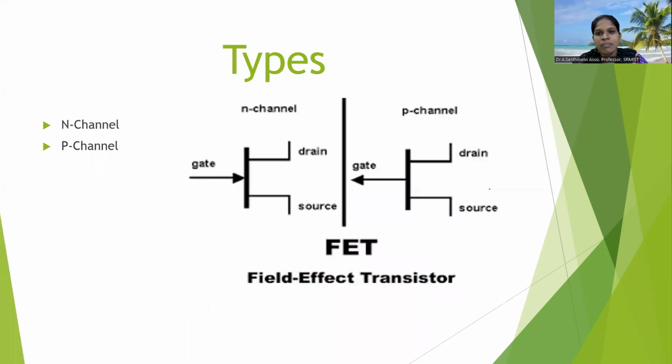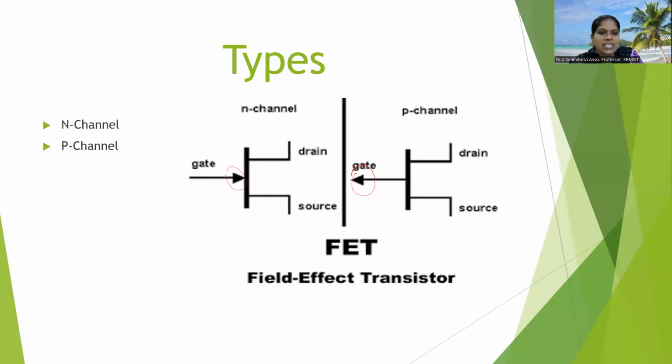In the same way that BJT is classified into NPN and PNP, field effect transistors are classified into N channel and P channel. This is the symbol of N channel FET and P channel FET. The arrow mark differentiates the types of FET, whether it is N channel or P channel.